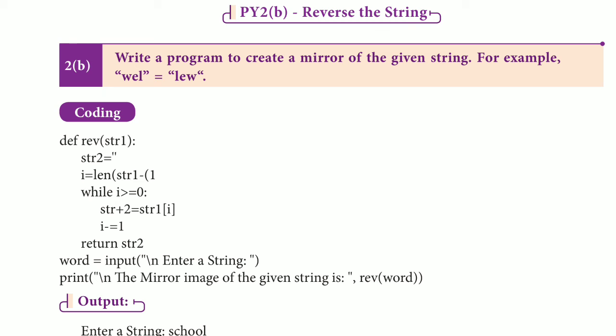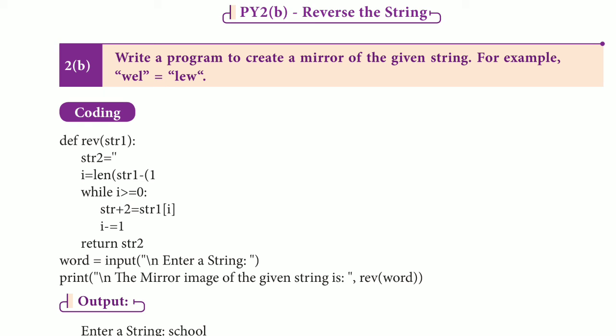You can see that i -= 1, which means the i value is getting decremented. The length of the string is assigned, say for example 10, then 10, 9, 8, 7, 6, 5, 4.